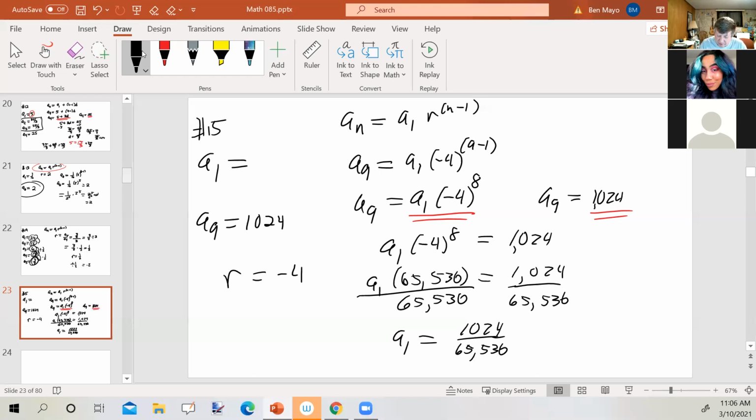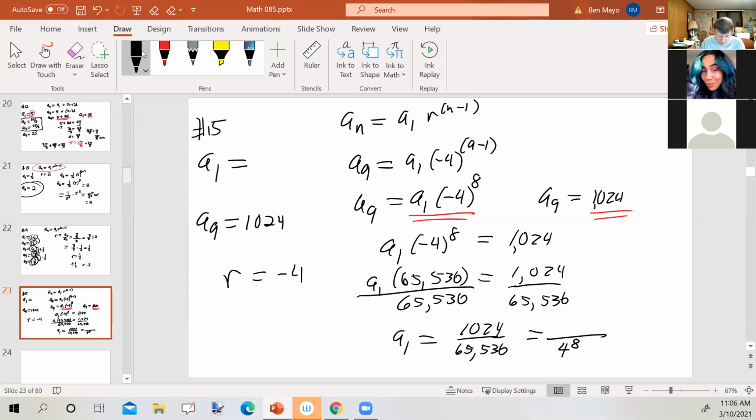But what would that be as a fraction? Well, consider this. 65,536, how did we get that? We took -4 and raised it to the 8th power. Would +4 to the 8th power also be 65,536? It would. So I could think of the bottom as 4 to the 8th power.